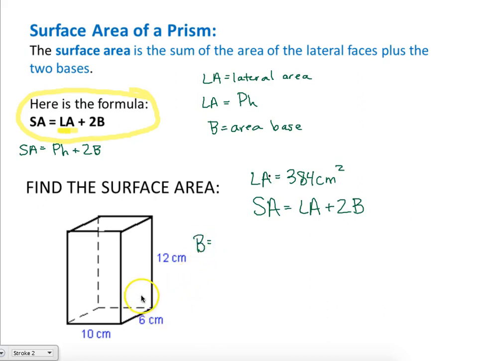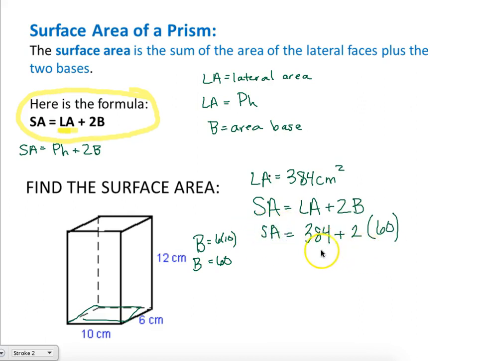Let's do math down here really quick. Here's our base right there. So it's going to be 10 times 6, which is 60. So the capital B, area of our base, is 60 centimeters squared. So let's plug in our values now. We know the lateral area is 384, and we know 2 times capital B, which is 60 centimeters squared.